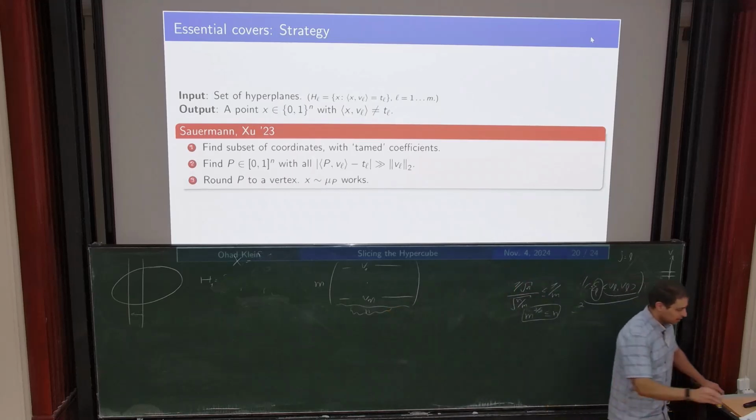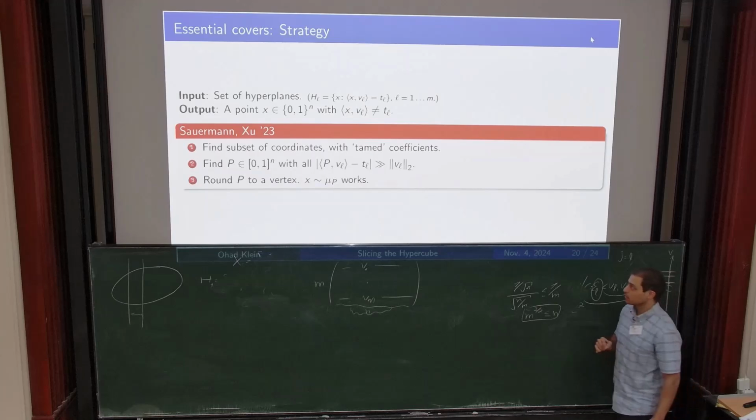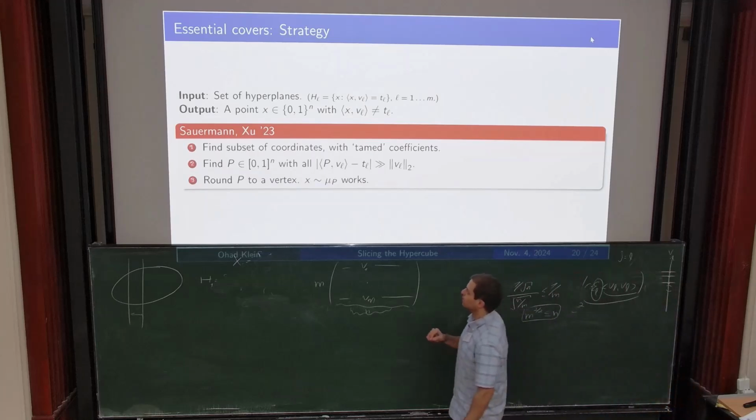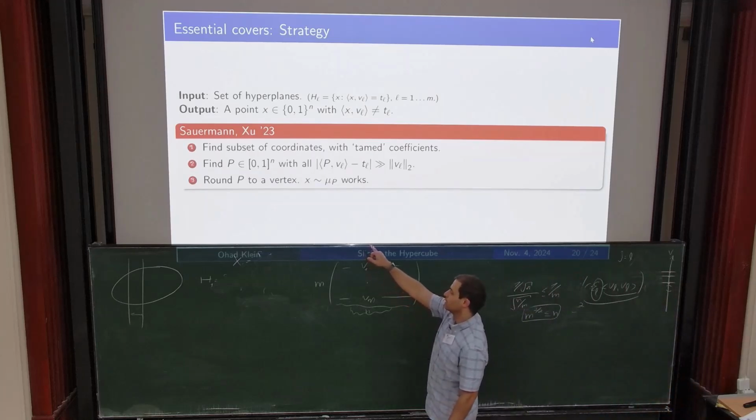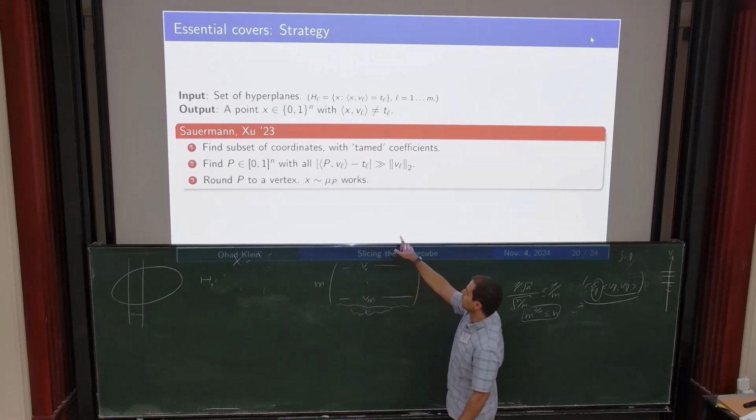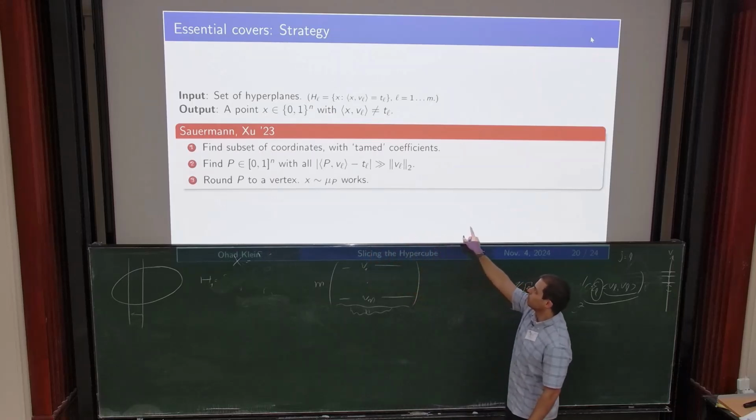That's the first step. The second step is to find a point in the solid cube which is far from all the hyperplanes that we are given.